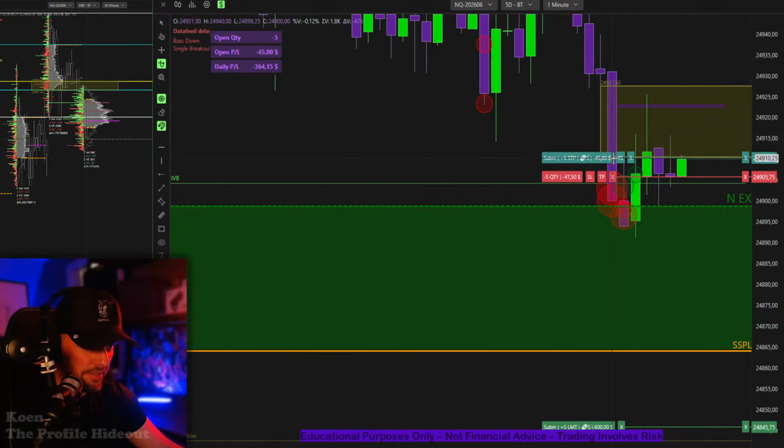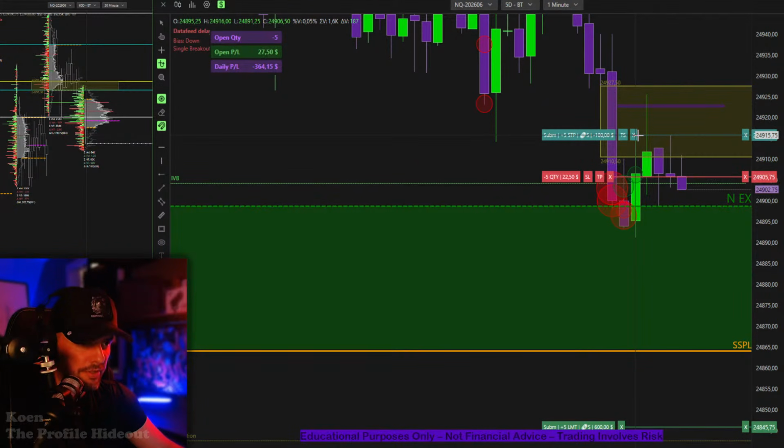Freaking doji-ish kind of candle, Jesus. Don't like indecision like that. Kind of want to see price move with some conviction. Don't we all?